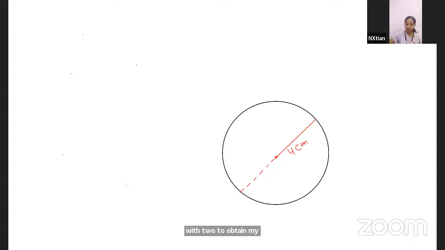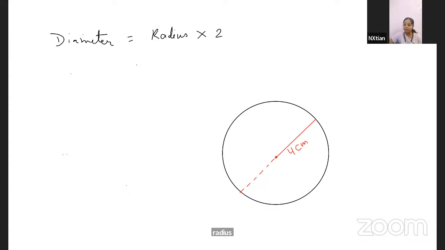That is the formula for diameter. Radius into 2. Diameter equals 2r, or radius into 2. What is my radius? Radius is given 4 centimeter.